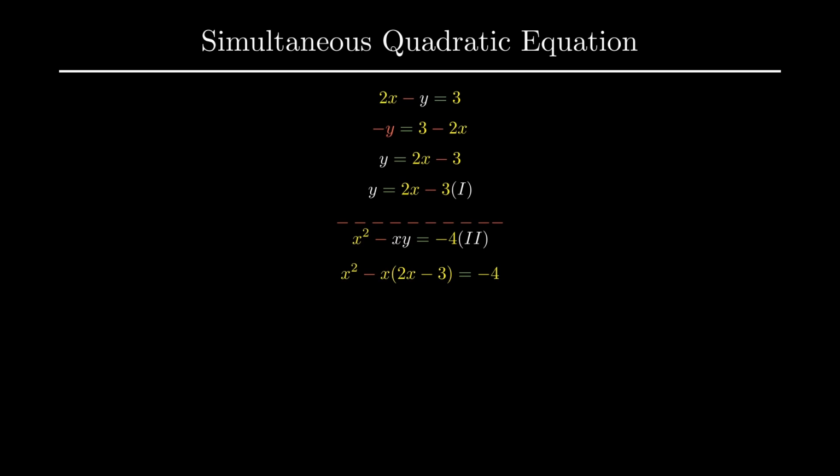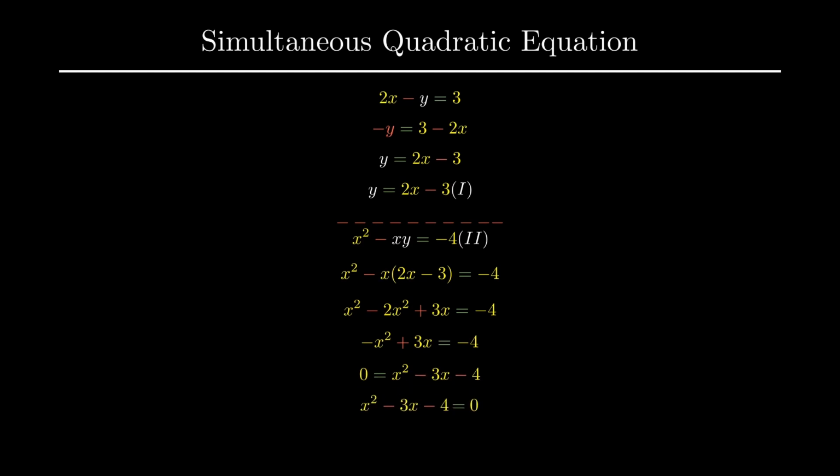Then if we expand the bracket, we get x squared minus 2x squared plus 3x as our following step. Then we combine x squared minus 2x squared, which gives us negative x squared. From there we bring all the terms to one side so that we have 0 on the other side, because from this step we want to do factorization.